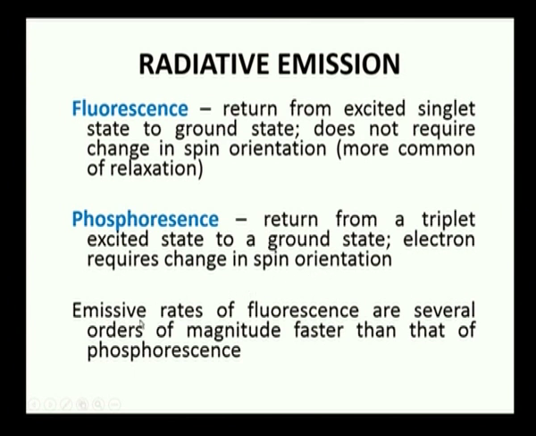Now, you can see that the emissive rates of fluorescence are several orders higher in magnitude than that of phosphorescence, because phosphorescence requires a change in the spin orientation, whereas in the case of fluorescence there is no requirement of spin changing. So, fluorescence is the most common way of relaxation, whereas phosphorescence is rare and slow because of its change in the spin orientation.